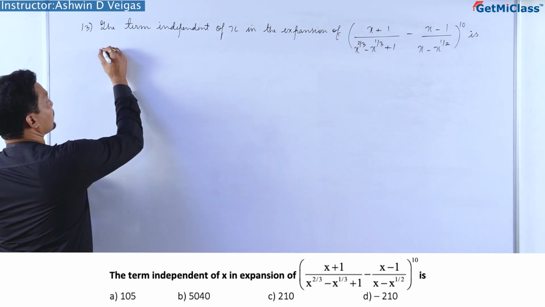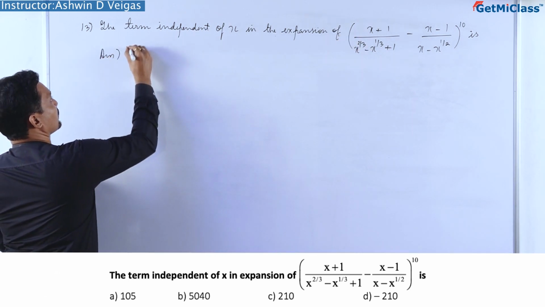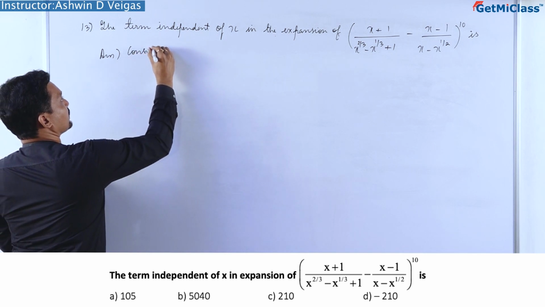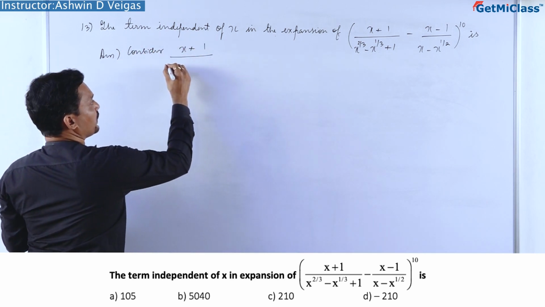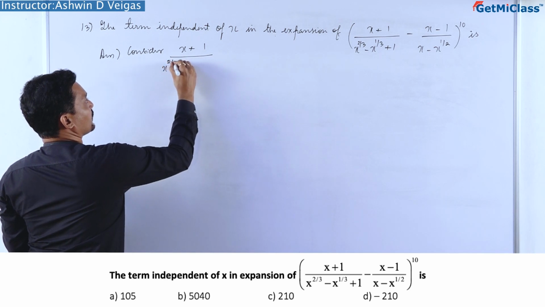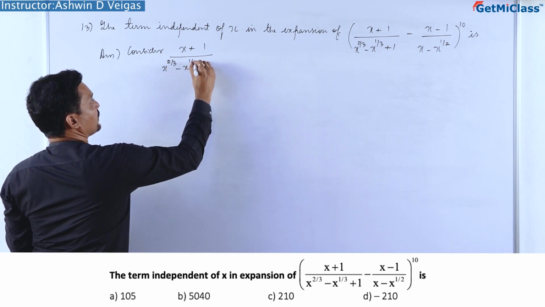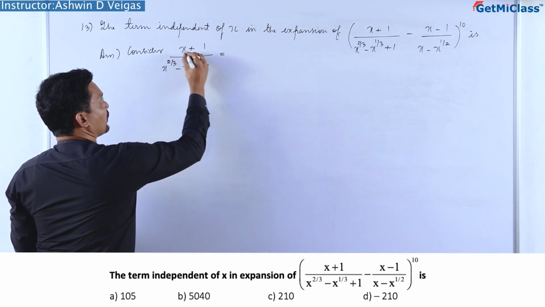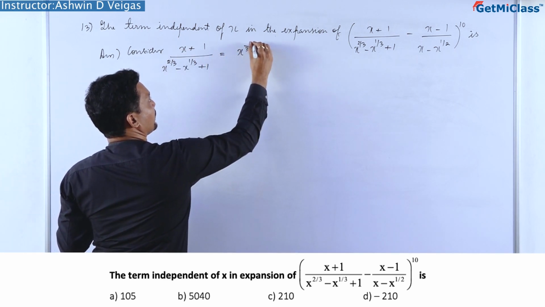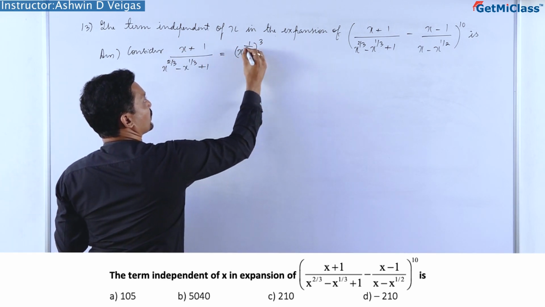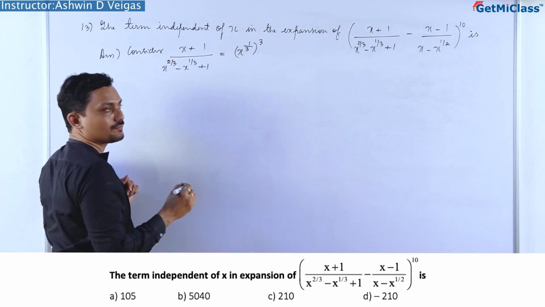Consider the first term, that is x plus 1 divided by x power 2 by 3 minus x power 1 by 3 plus 1. Now, this x I will write as x power 1 by 3 whole cube, because the 3 cancels and you get x.